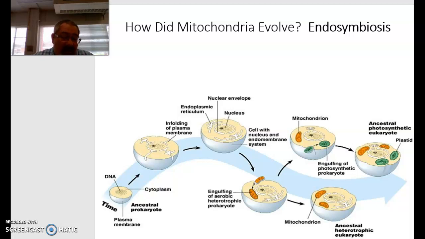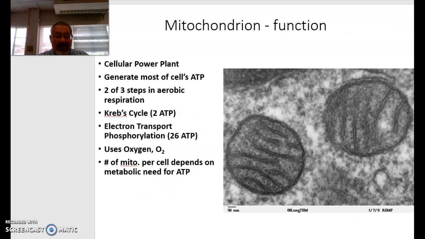So mitochondria are essentially considered to be prokaryotes, or bacteria that live inside of eukaryotes and produce a large quantity of ATP for their host cells. So that really leads us to the function of the mitochondrion, and the last slide in this part 1 of 3, that mitochondria are the cellular power plants for eukaryotic cells.